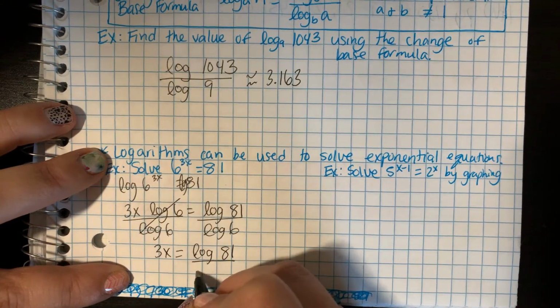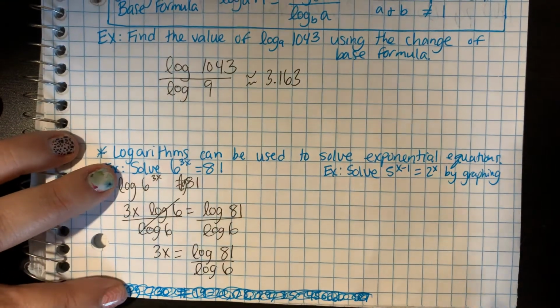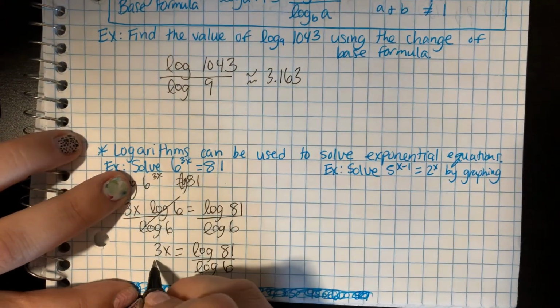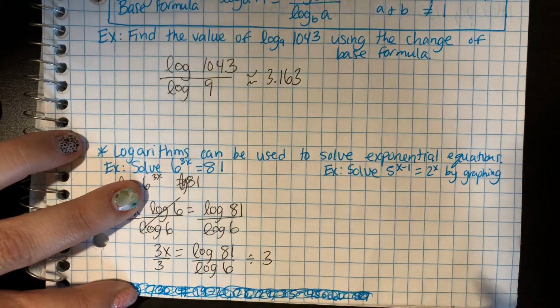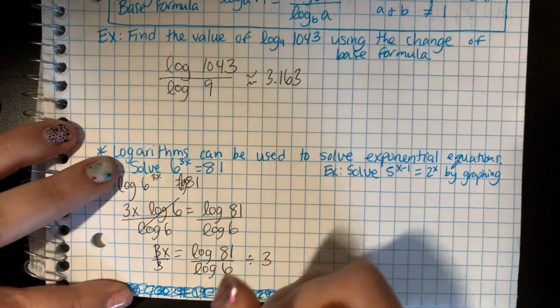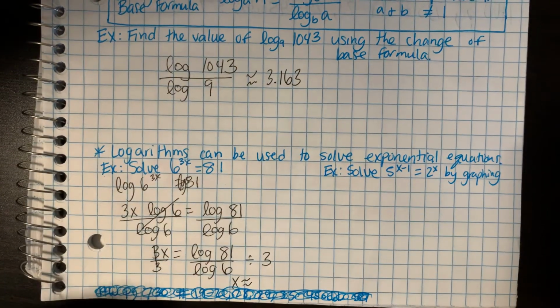If you can wait to plug these into your calculator, that's the best, so that at the end you don't have any rounding. So then we'll divide by 3, and that will give us what x is approximately. Okay, so then we'll throw this in our calculator.